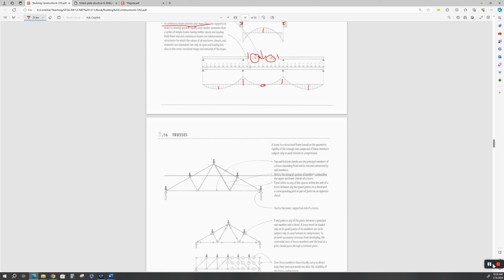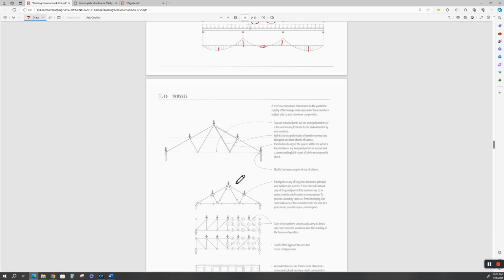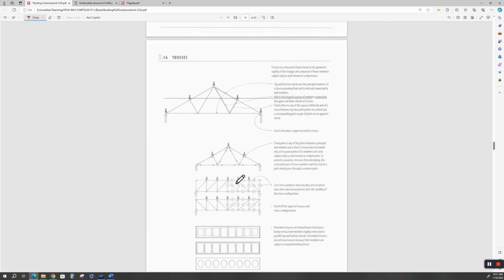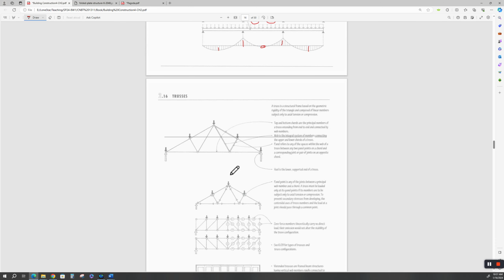Trusses. I kind of drew you a truss with the force vectors. Remember the force vector formula? And there are all kinds of trusses, okay? And all these trusses have different names. The trusses are assumed to be pinned connections.